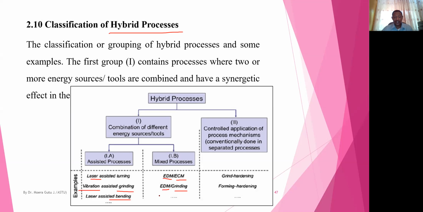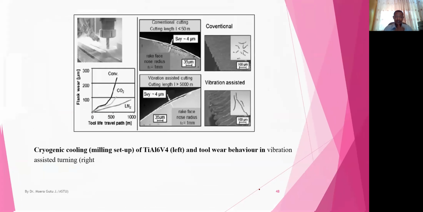and reduces machining costs. The second one, controlled application, means the machining environment should be controlled by some parameters. Grinding hardening and form hardening are the second hybrid technologies.